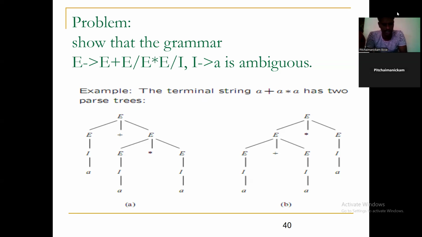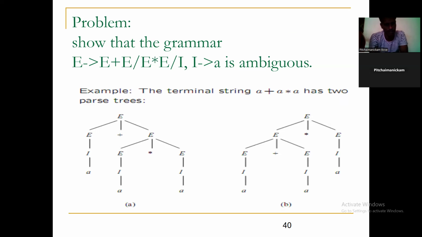We derive the input string using different productions. For example, E may have two different types of production: either E derives E plus E, or E derives E star E. First, I generate two different parse trees for the given input string.